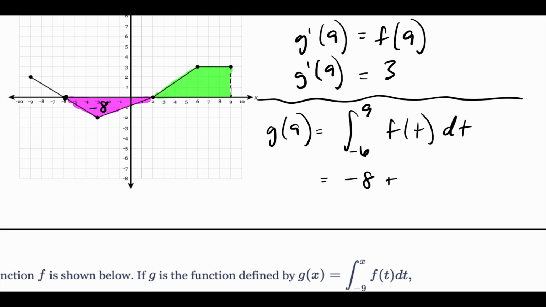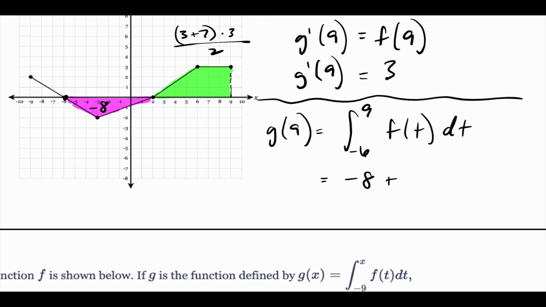Base 1 plus base 2 times the height divided by 2. So base 1 is, what is that, 3? Plus base 2, which is 7, times the height, 3, divided by 2.